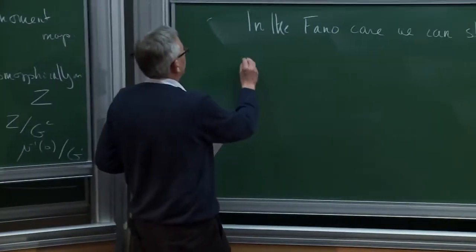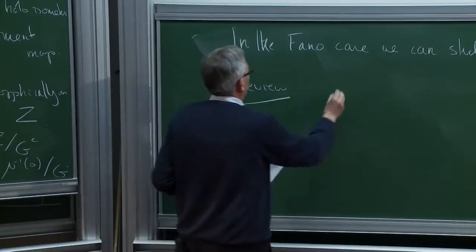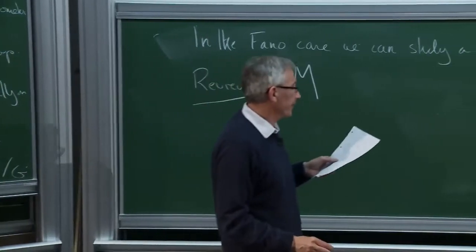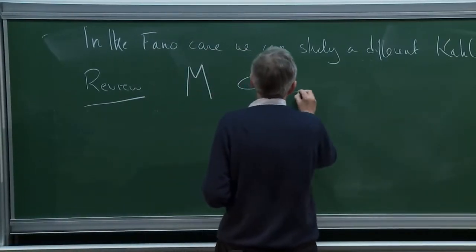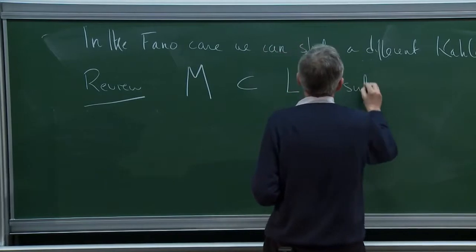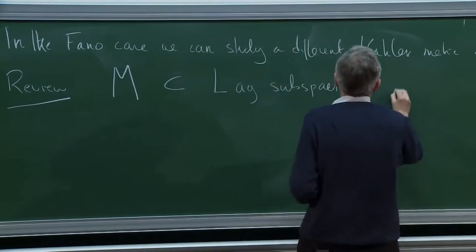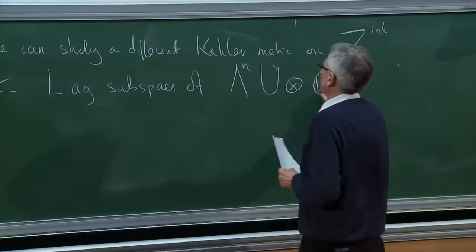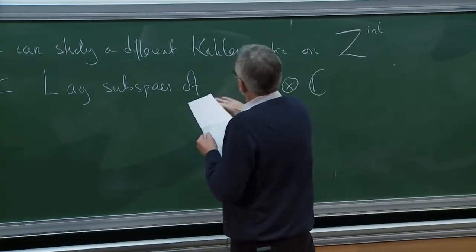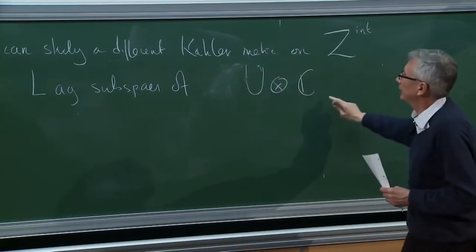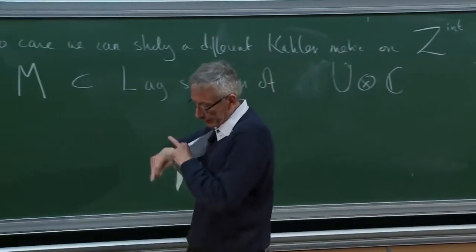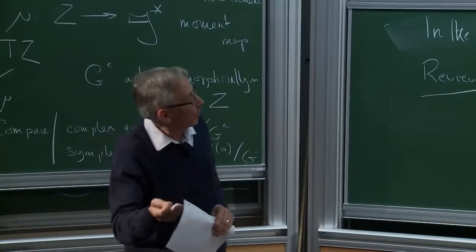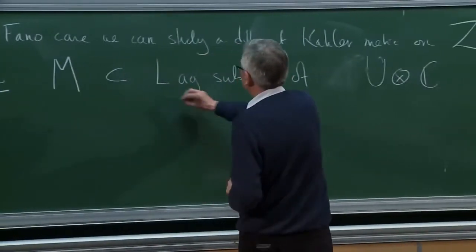So let's go back to review in more detail our familiar finite-dimensional homogeneous space M. We can think of this as an open set in the set of Lagrangian subspaces of Lambda^n of our vector space U tensor C. In other words, if we have a complex structure, then we have the 0,1 and 1,0 parts of the complexification, and these are Lagrangians.